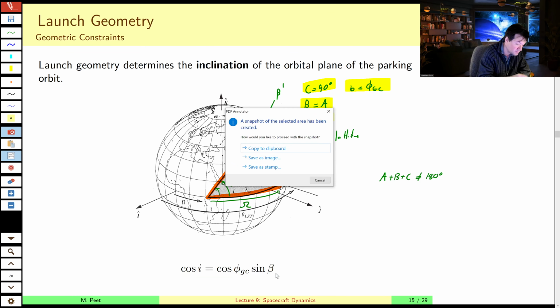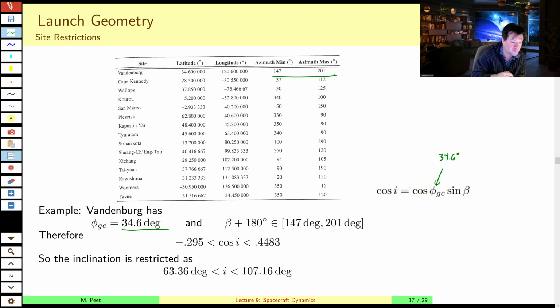Vandenberg is located at 34.6 degrees latitude. The acceptable launch azimuths listed for Vandenberg are 147 to 201. Now, using the rule, we have to do a little correction to restrict our betas, and subtract off 180 degrees from both of those.